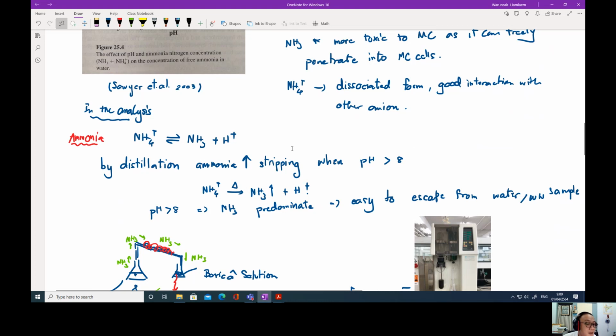So we maintain a high pH because we want the ammonia to exist in this form, not in this form. This form is difficult to vaporize because it is the dissociated form, so it can interact or associate with other anions. That is why it's a bit difficult to escape from the water sample. So we prefer the ammonia to be present in the NH3 form while doing the analysis.